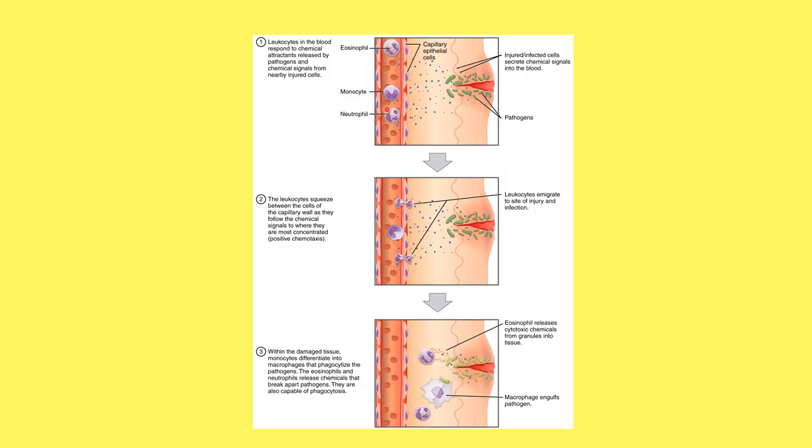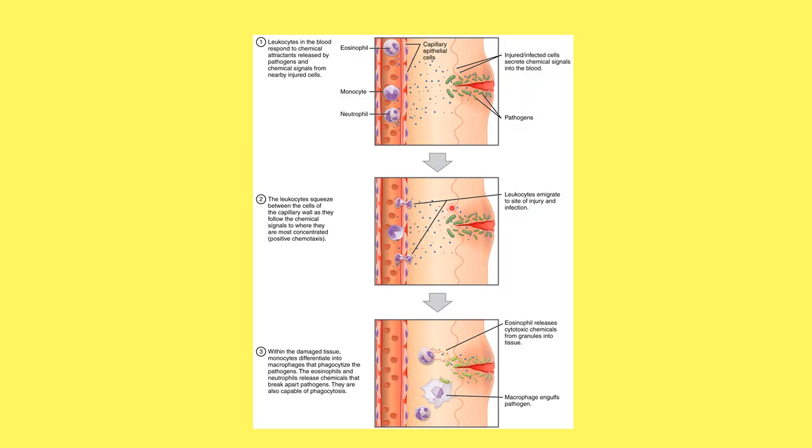So here in your blood vessel, you'll notice the white blood cells are larger than the red blood cells because they're a complete cell. There's different types of them. We'll get into this in just a second. But these are your white blood cells. And notice there's these little spaces between some of the cells that are able to squeeze through that. And then they will come, like I say, they're attracted to this injury site.